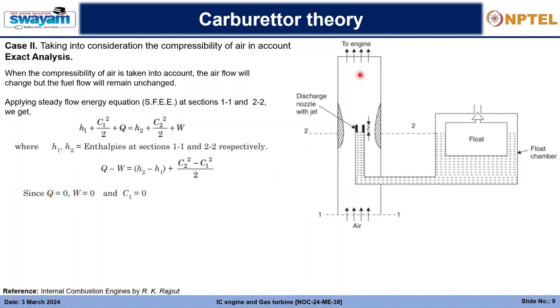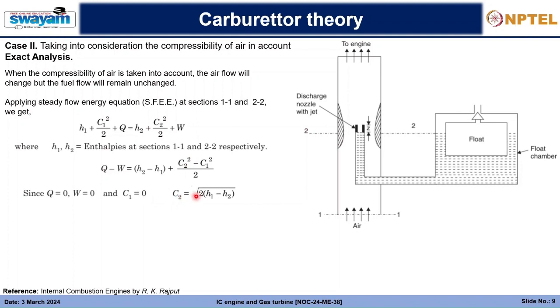And for W, there is no turbine out here driving in some work, right? So in that way no work is done, so W can be 0. Also the inlet air velocity is quite small in comparison to the velocity at the venturi throat, so we can directly assume C1 to be 0 in comparison.